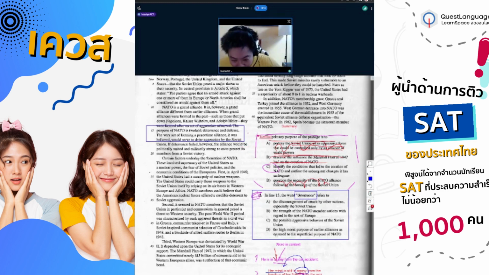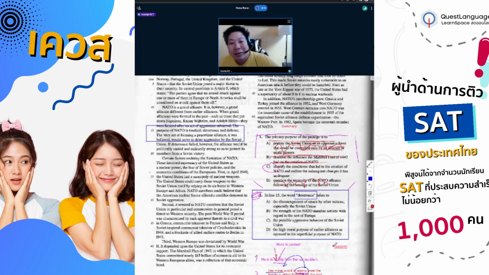So now we look at the choices. We just need to eliminate what is irrelevant. Not hard. Look at A, discouragement of attack by other nations, especially by the Soviet Union. That is actually relevant, okay? Because discouragement means you discourage, you tell people to stop it.